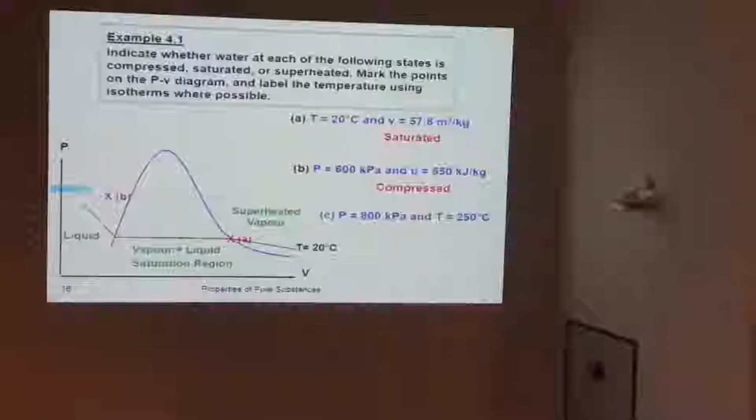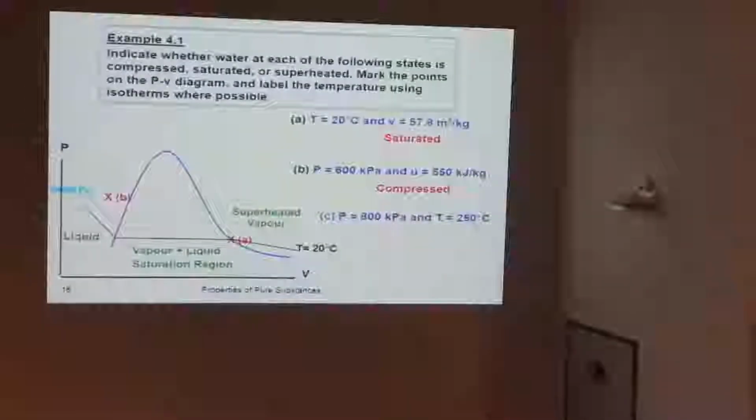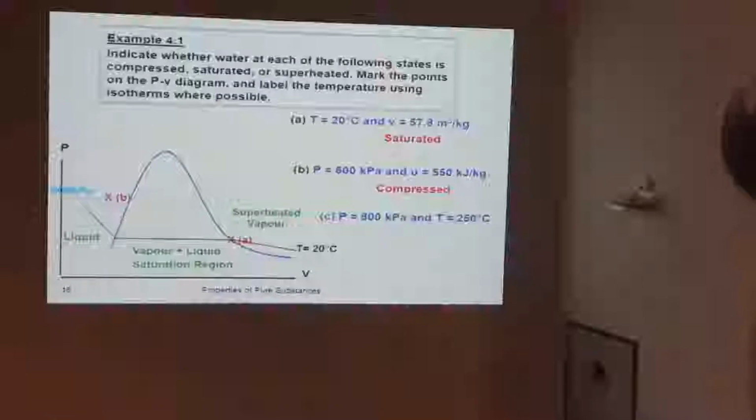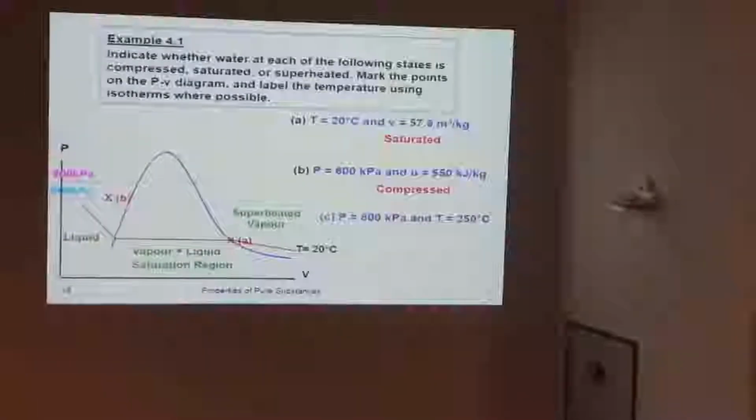And then you have to check under 8 bar, what is the saturation temperature? What's the temperature, please? Any answers? Yes, 170.4, right? So it means now it's superheated. Okay? How to draw superheated?